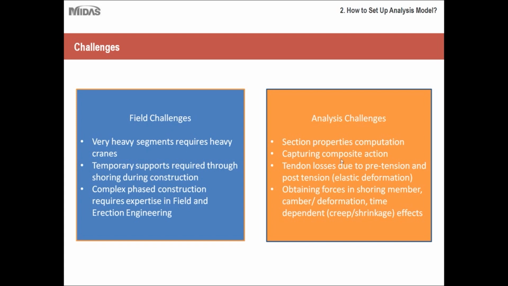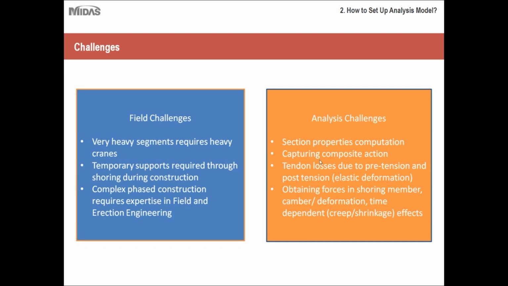Then the other category is analysis challenges, and this is what we'll be focusing upon in this part of the presentation. Since these sections are of various sizes and dimensions, the section property computation is pretty critical, and it is not always easy and straightforward to get the entire cross-section behavior, because there are multiple parts in this cross-section.